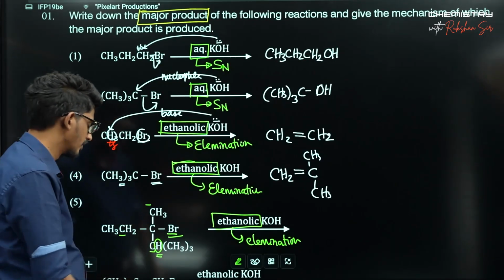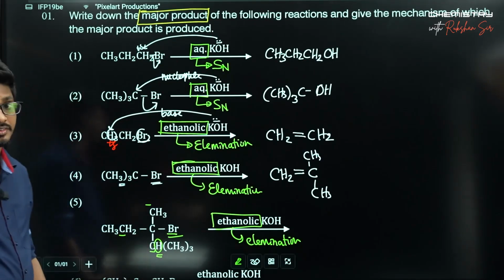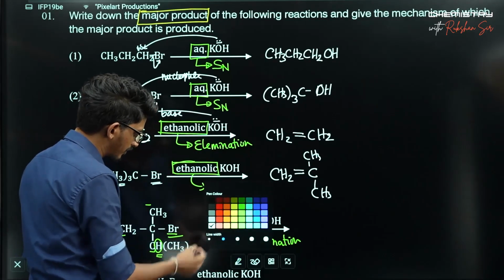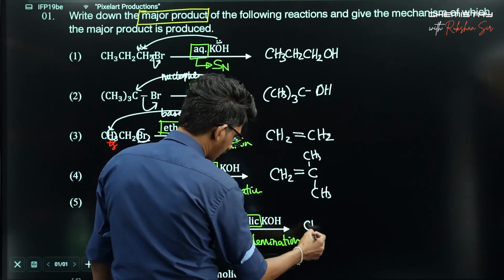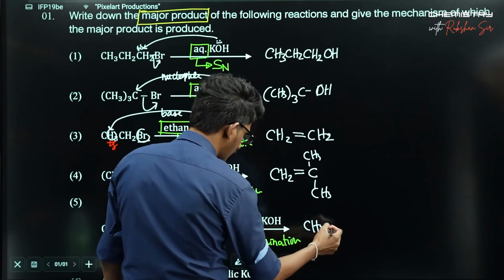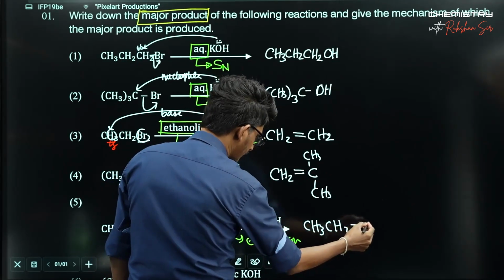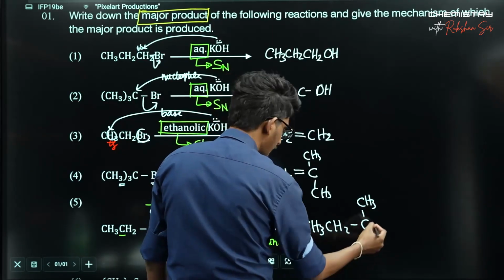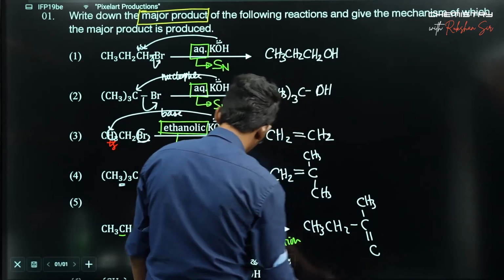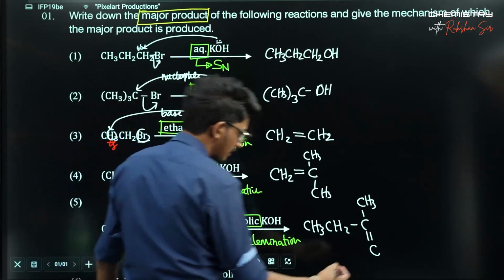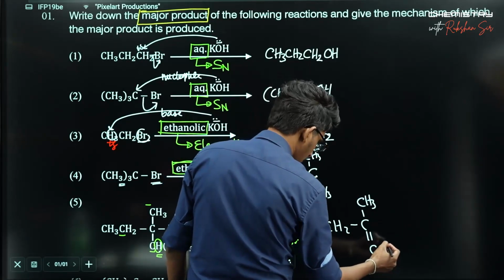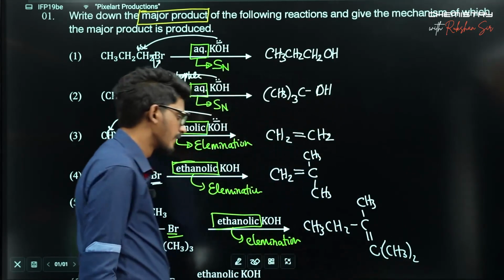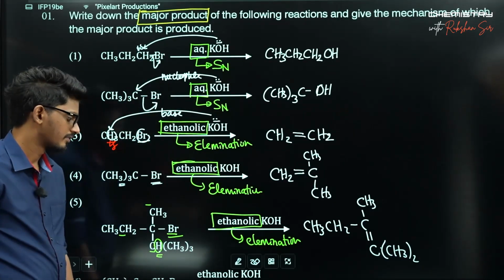That is how elimination will occur. Remember the Saytzeff rule, right? So this will be removed, and that hydrogen left, with no hydrogens there furthermore. The product would be like this.